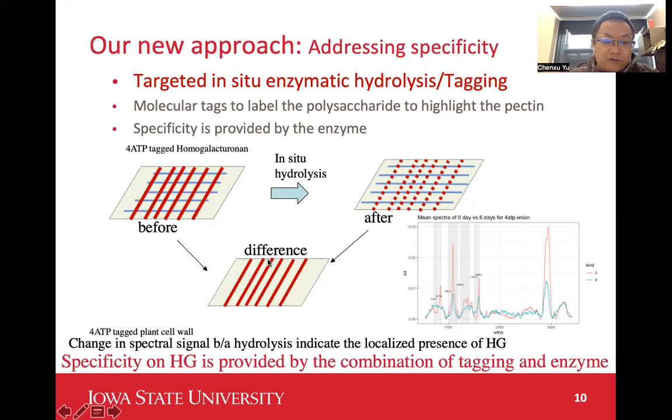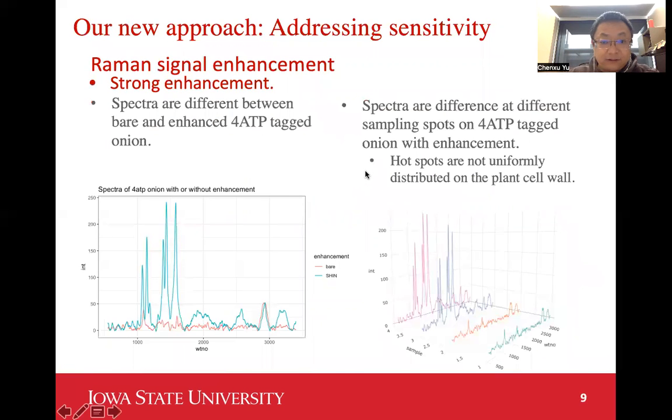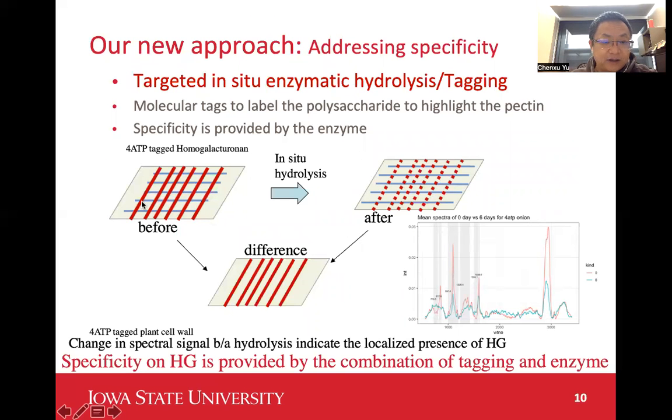So then if we measure the spectrum again, the signal coming from these 4-ATP labeled pectin species will disappear. Okay, so if we then compare the before and after hydrolysis signal, the differences will reveal where these 4-ATP labeled pectin species are at.